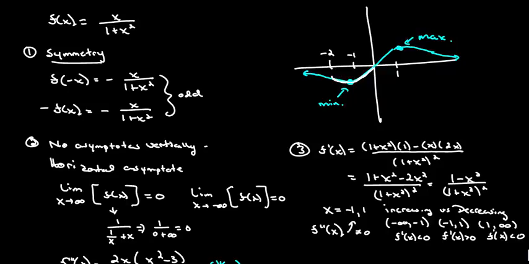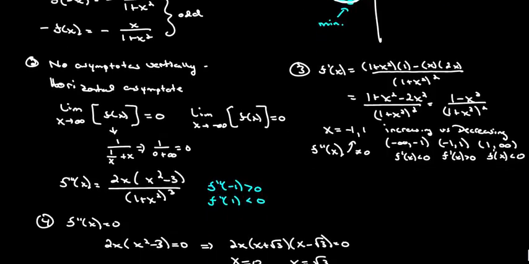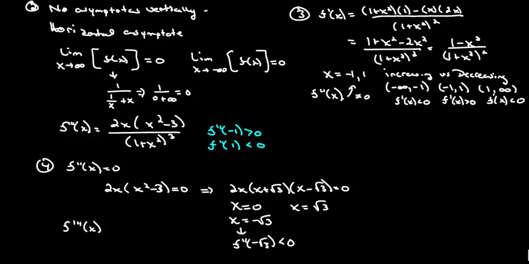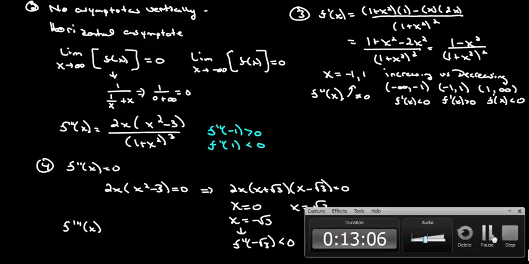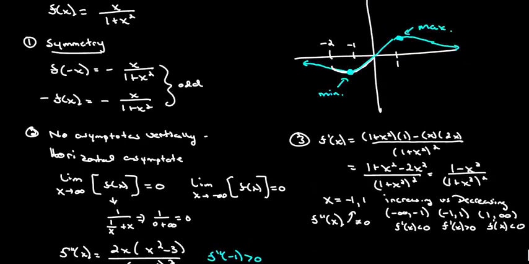Excuse me, I said that wrong. So since the second derivative is negative, that means that we're concave down, which means we'd be at the top. So from here over, it's concave down.